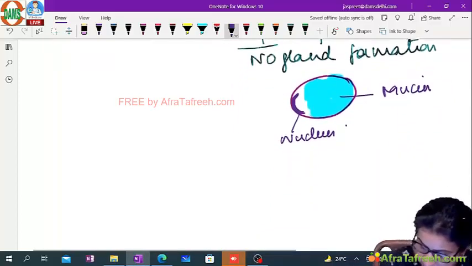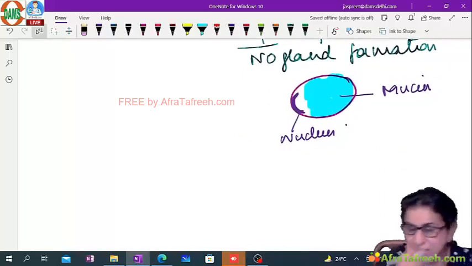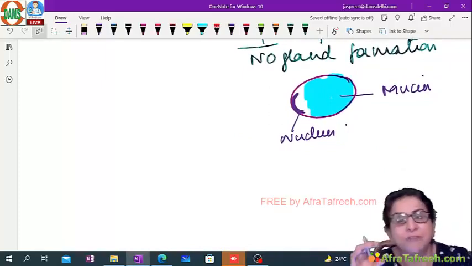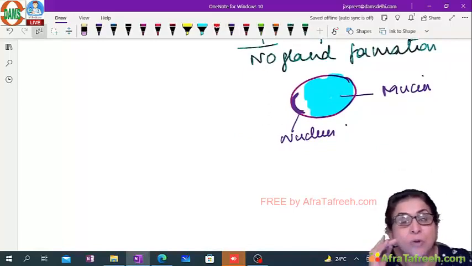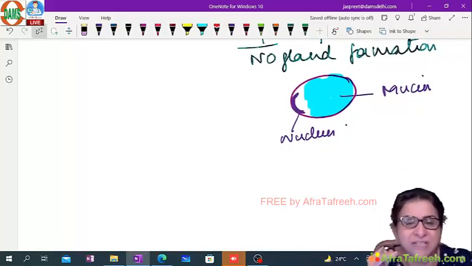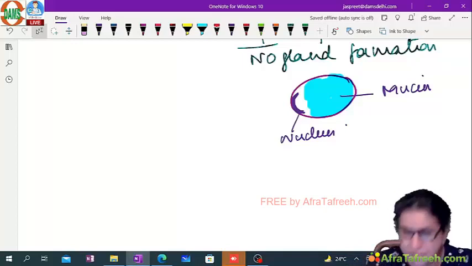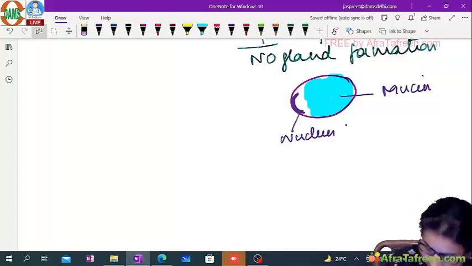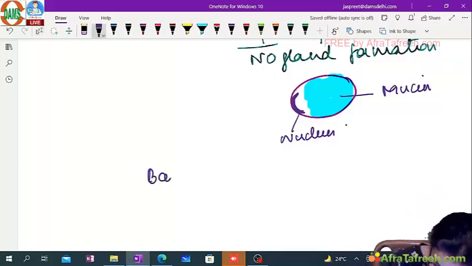Now very important in gastric cancer is depth of invasion. A very important prognostic factor in gastric cancer is how deep into the stomach the tumor has gone.